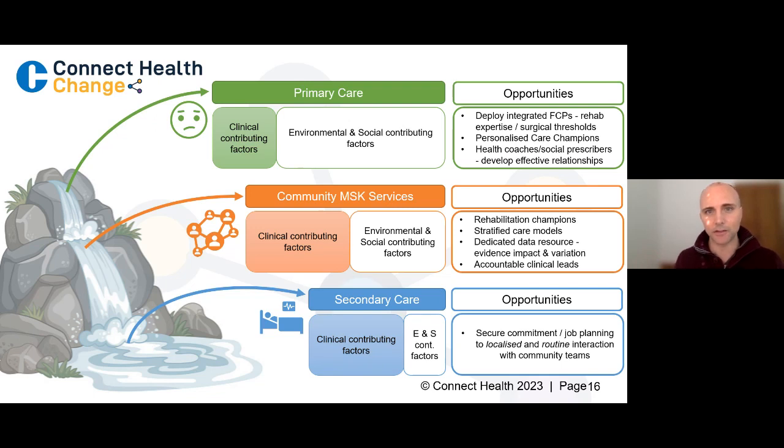So what I'm talking about there is almost a business intelligence team that sit alongside our community services that allow accountable clinical leads to really track patient progress and be able to evidence that patients are actually achieving a positive outcome from their community care, and have been able to use that data to evidence that patients are achieving that real meaningful change.